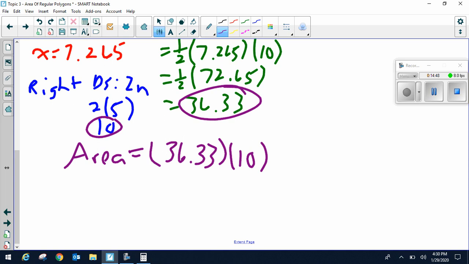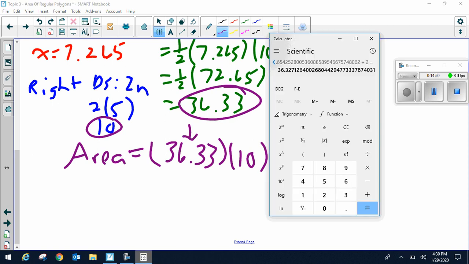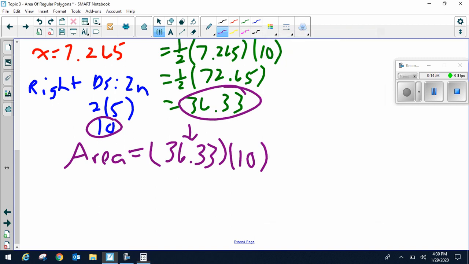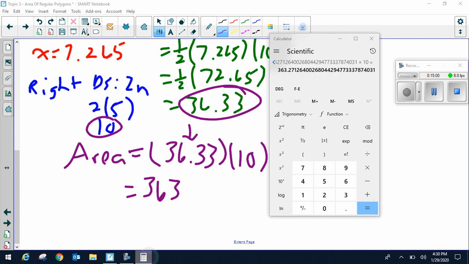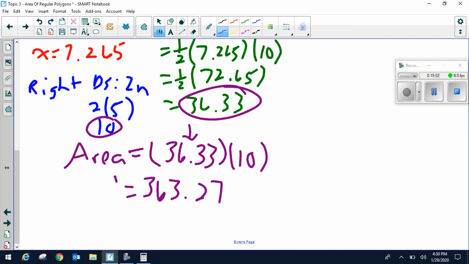And that number, this first number right here, I already have it in my calculator. So all I have to do is hit times 10 equals, and now I'll round to whatever they want me to. Let's just say it's the 100, so 363.27. The reason I keep my numbers in the calculator is you don't want to round too early, because if you round too early, then it might screw up your answer at the end.